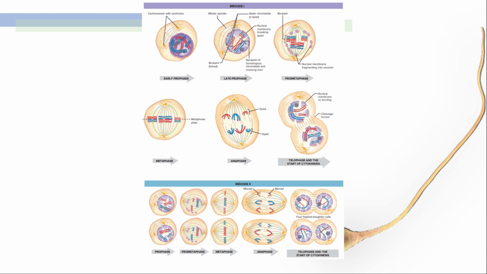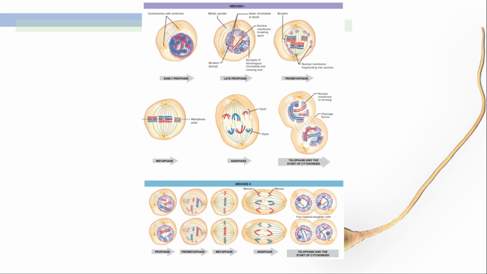And then during anaphase 1, the homologous chromosomes are separated from one another. So what is pulled toward one pole of the cell is a copy of a chromosome, and that copy of the chromosome comes in the form of dyad.